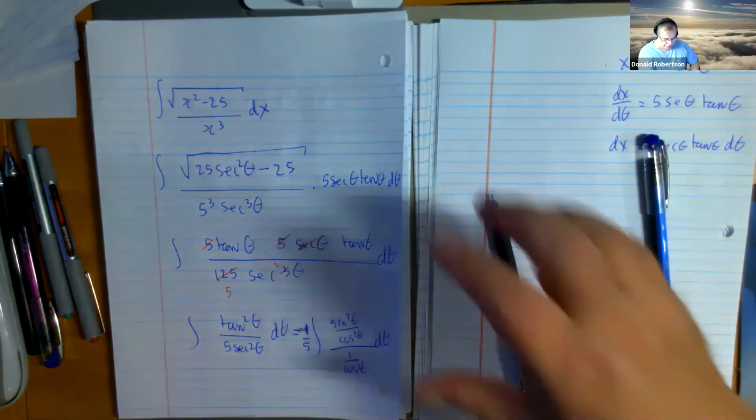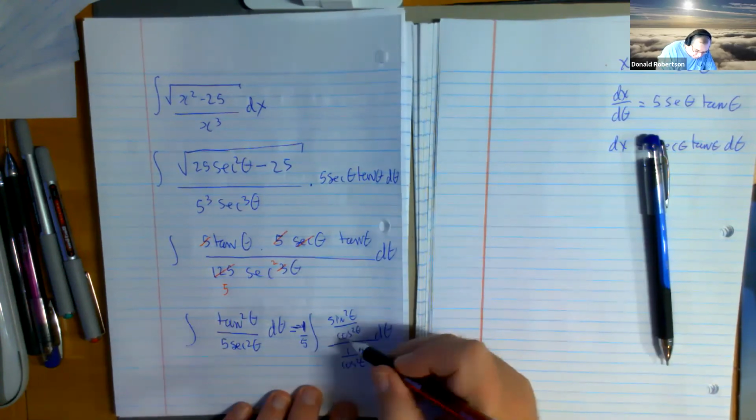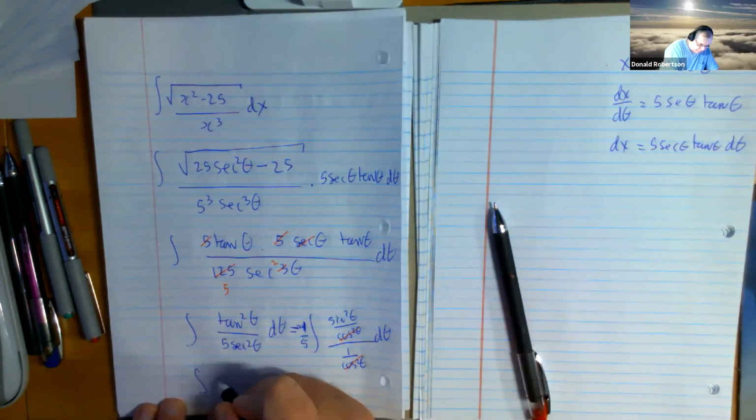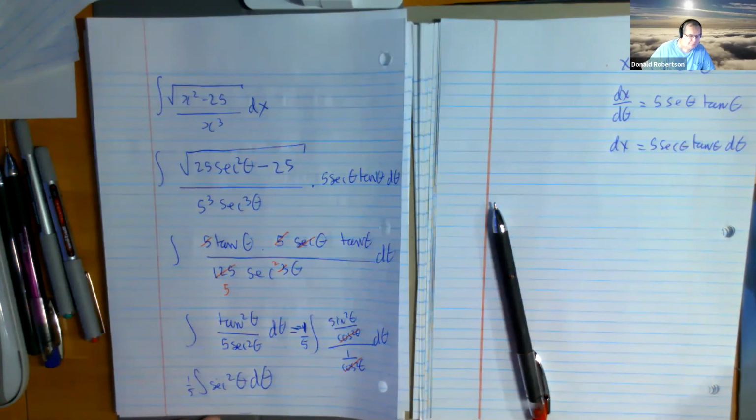That's tan squared. That's secant. Now, I hope you notice that they cancel out. And what you're left with now is a fifth, and a sine squared theta.